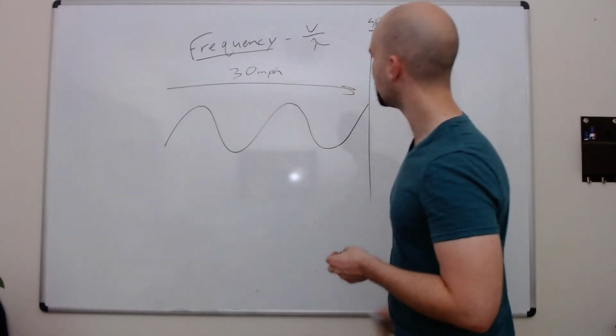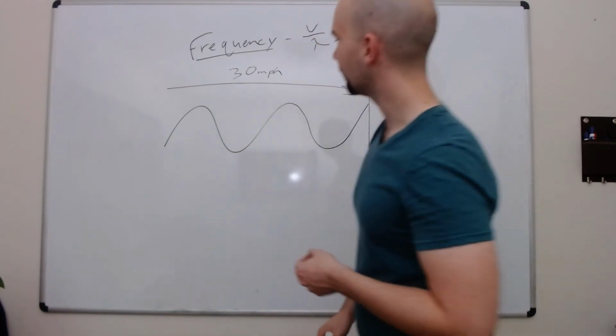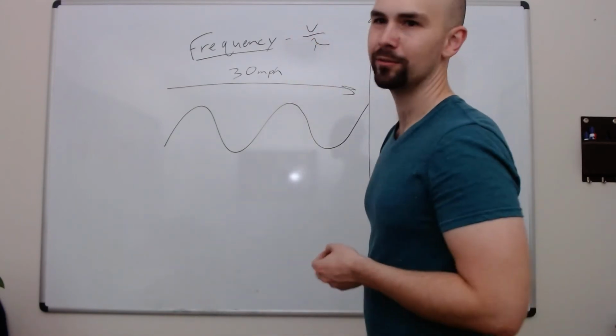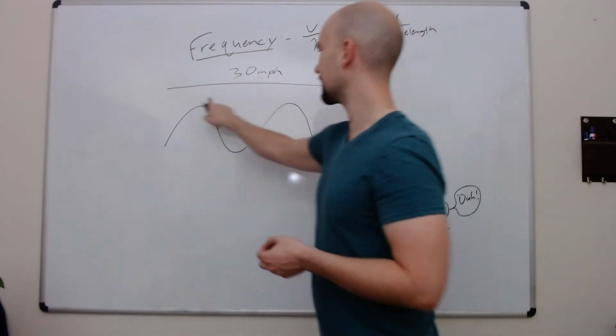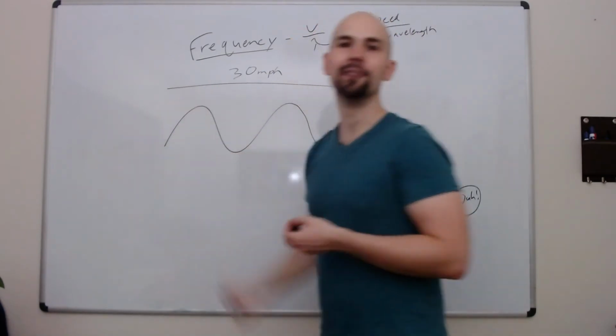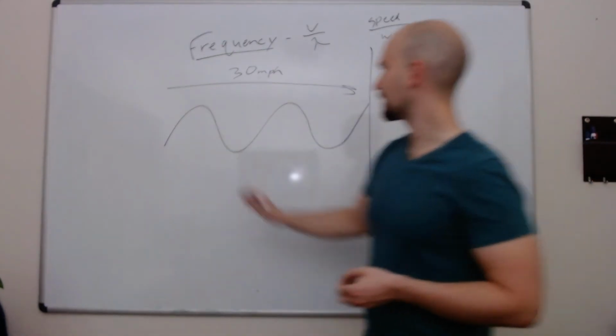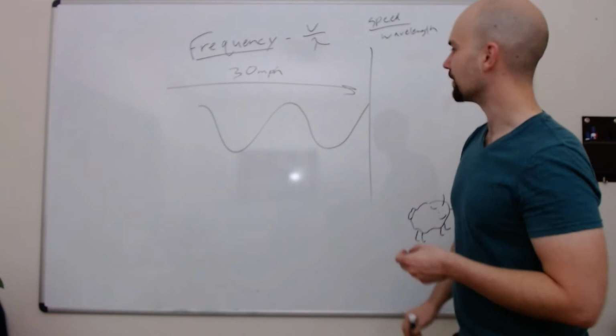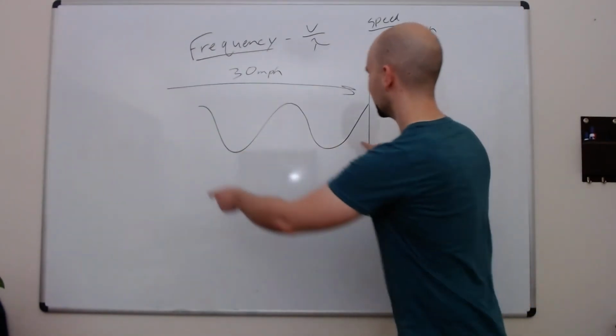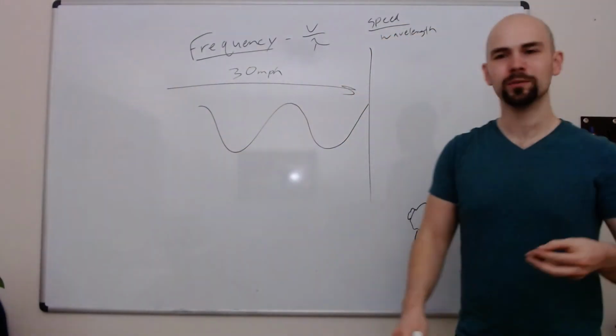We have roughly 2.5 wavelengths, because I can go crest to crest, that's one, crest to crest, that's another, and then that's sort of like a half. So let's make it even easier on ourselves. Let's say exactly 2 wavelengths. We could also measure it by troughs, trough to trough, and then one more trough to trough.